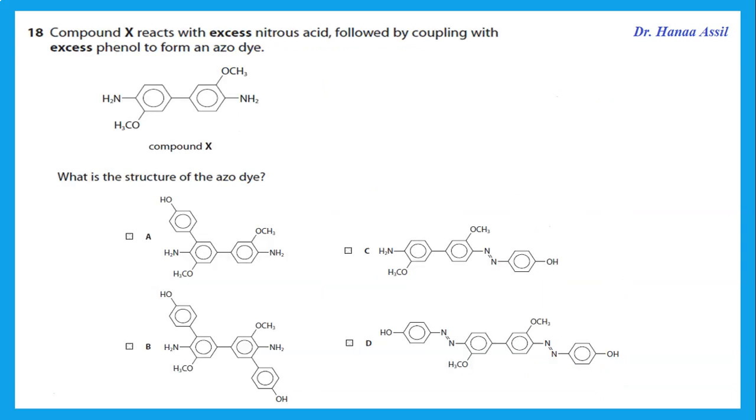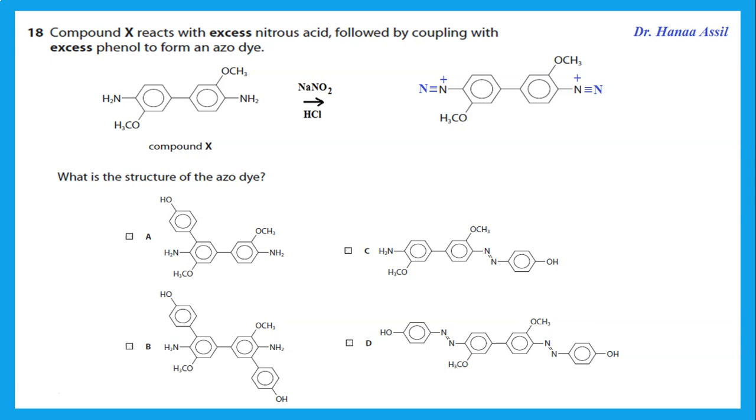Compound X reacts with excess nitrous acid, followed by coupling with excess phenol to form an azo dye. What is the structure of the azo dye? Well, let's see. If I'm starting with compound X and I'm adding nitrous acid, remember nitrous acid, that is sodium nitrite in presence of HCl. What does that do? It forms the diazonium salt.